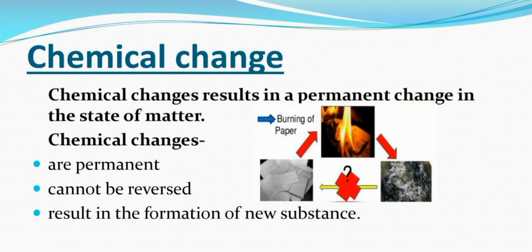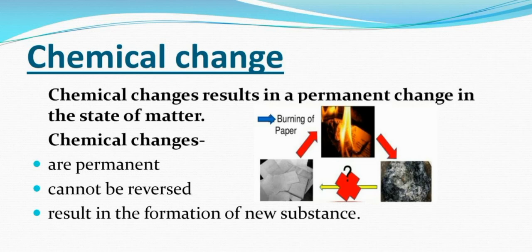Now we'll talk about chemical changes. Chemical changes result in a permanent change in matter. Heating or cooling results in a permanent change. A new substance is formed and we cannot get back the old substance in a chemical change. For example, when a piece of paper is burnt, it changes into ash, and the molecules of paper are very different from the molecules of ash, and ash cannot be converted again into paper.